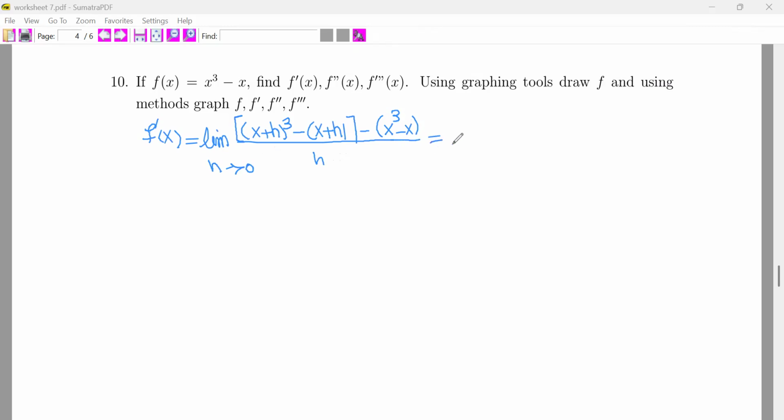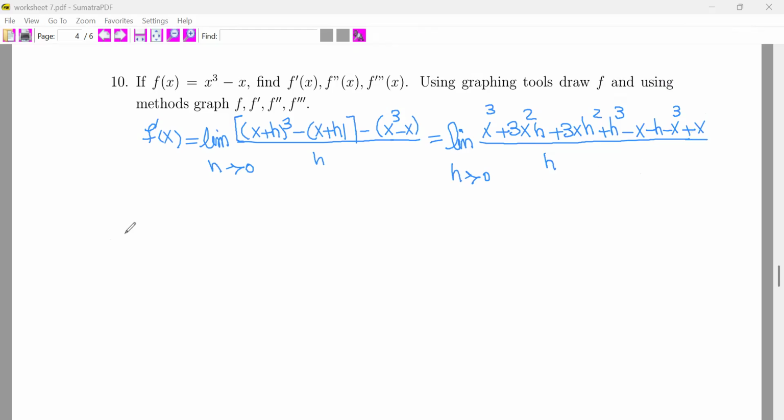So you may remember the formula of x plus h cubed. If not, you can multiply this 3 times to itself. Either is fine, and you will have x cubed plus 3x squared h plus 3x h squared plus h cubed minus x minus h minus x cubed plus h, because we would apply that negative here.